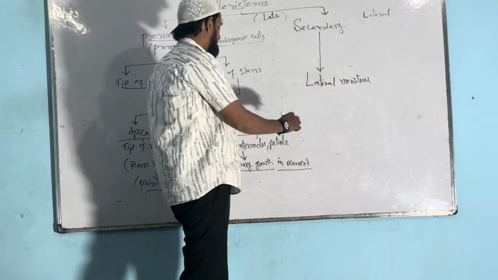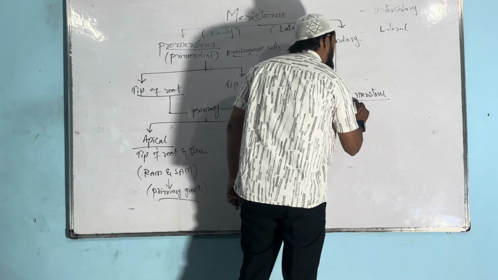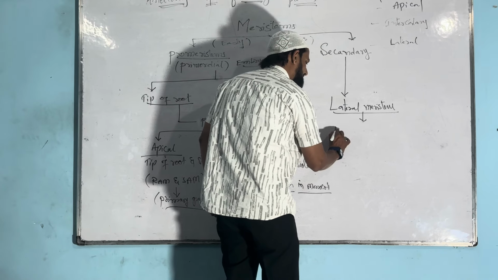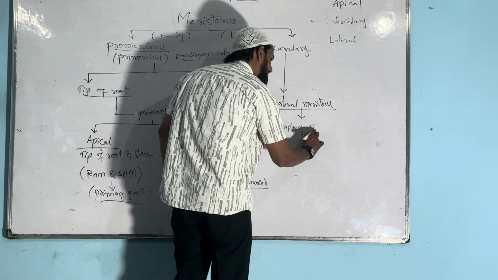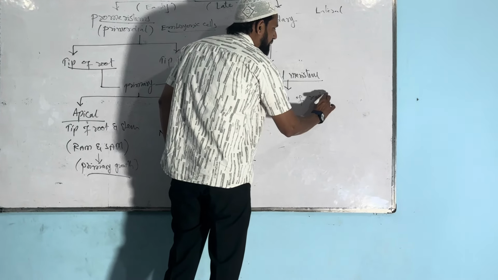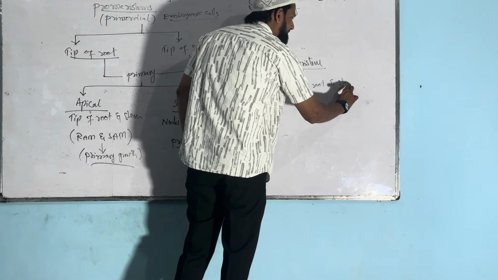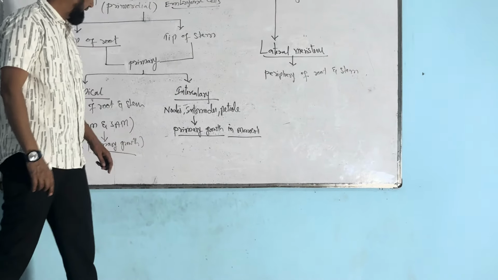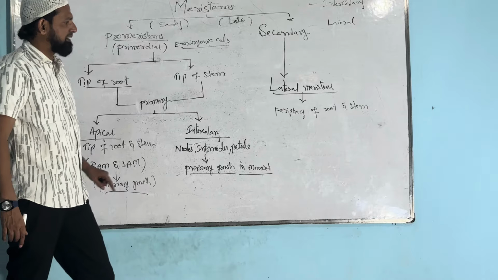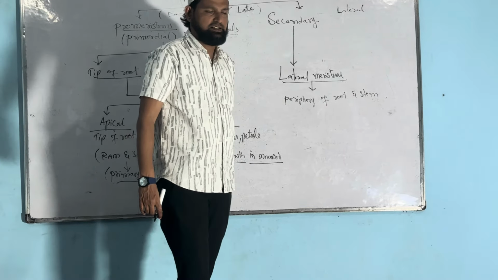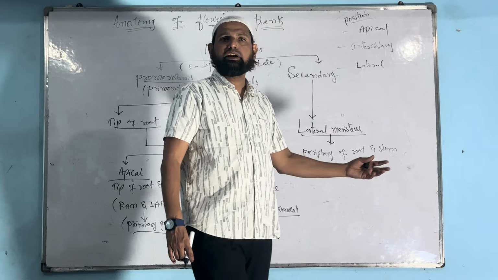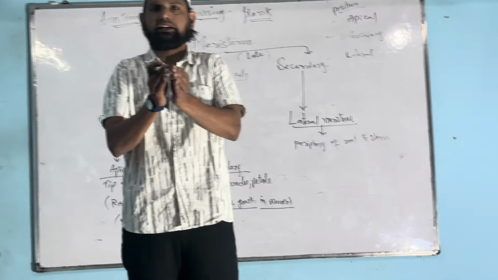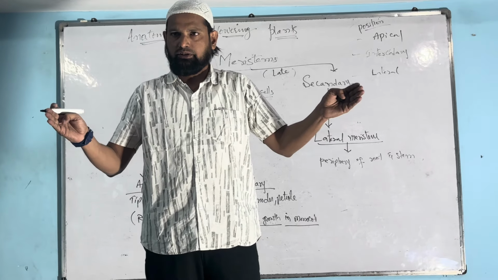The lateral meristems are present at the periphery of root and stem. Same point: tip of root and stem, here periphery of root and stem. So lateral meristem present at the periphery of root and stem helps in secondary growth.